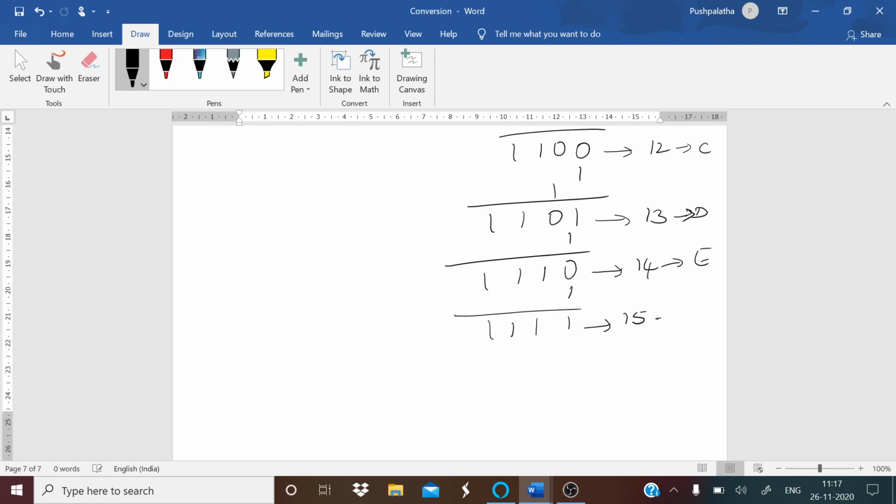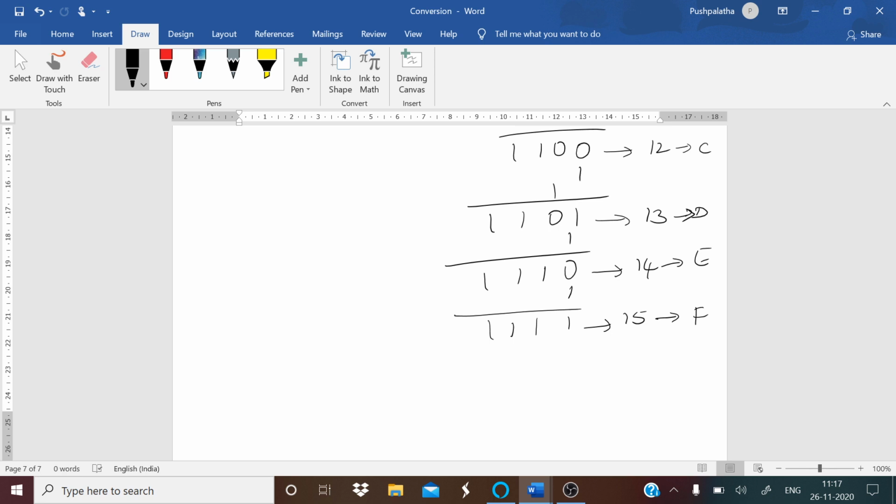This becomes your 15, that is your F. Okay, this is how you are going to represent it in binary, in the zeros and ones format, for the shortcut method. This you should know. Hope you have understood that.